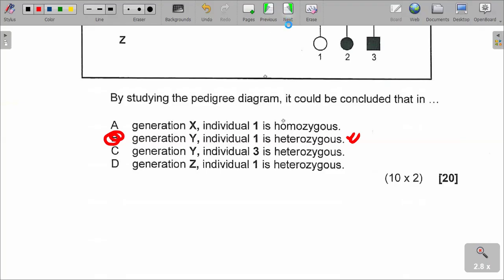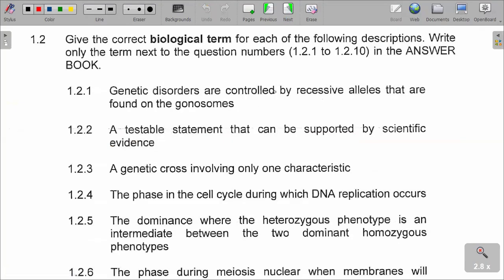Let's do the next question. Biological terms: genetic disorders are controlled by recessive alleles that are found on the gonosomes. We are saying that they are found on the sex chromosomes. So what is the condition? These are called sex-linked disorders.